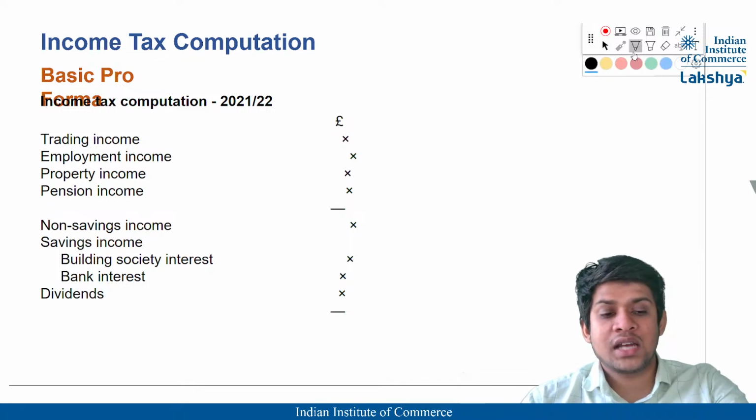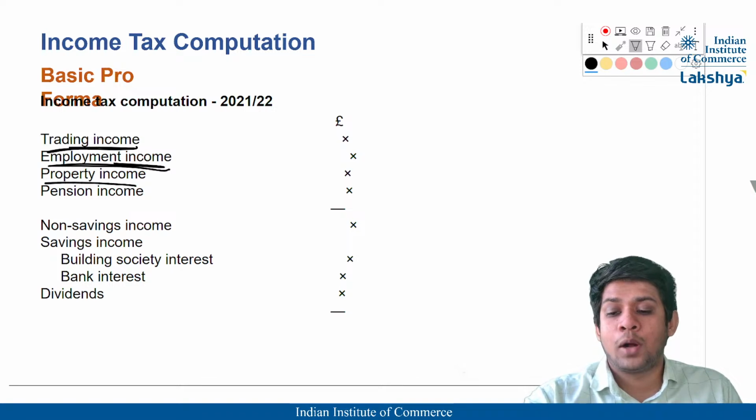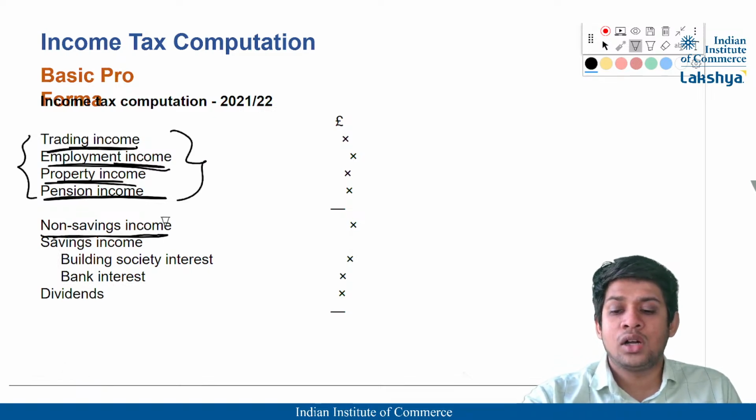Okay. Now we'll understand the basic format of how to calculate the income tax. So guys, there will be your trading income, your employment income, property income, and pension income. All these are considered under the head non-savings income. These are not incomes that you're generating from the savings that you've made, right? You're doing the trading.